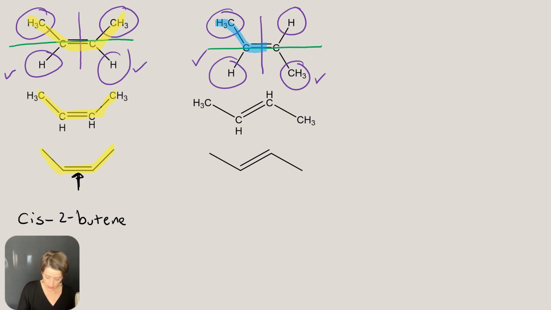So I'm going to follow that longest parent chain, and I see that the track I'm using for my parent chain is going across that double bond. Because it's going across that double bond, that means it is trans. Therefore, this is trans-2-butene.